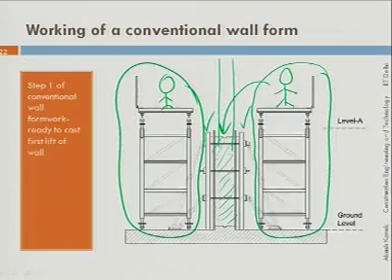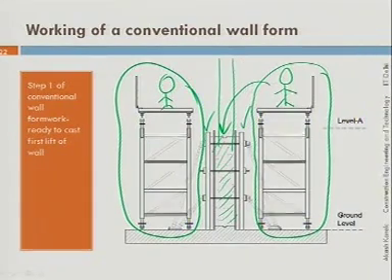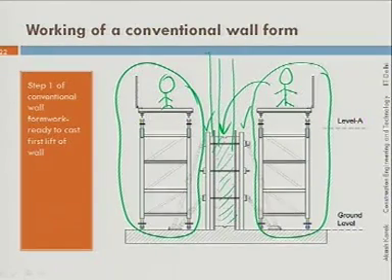Right or wrong? Clear? Now when you want to add some more concrete on this, suppose your wall is of very large height, so you need to concrete this portion also. So this is the arrangement for the first lift.